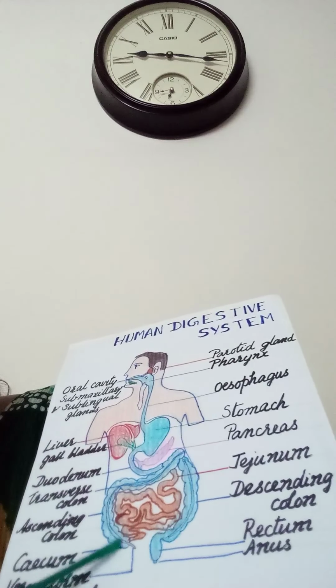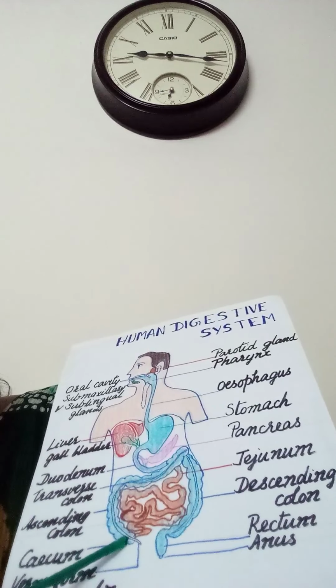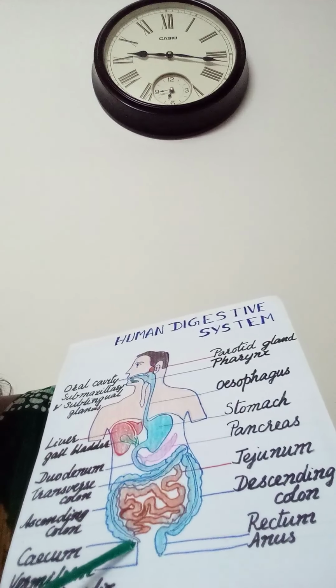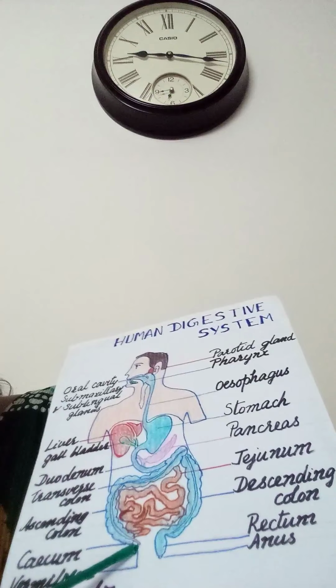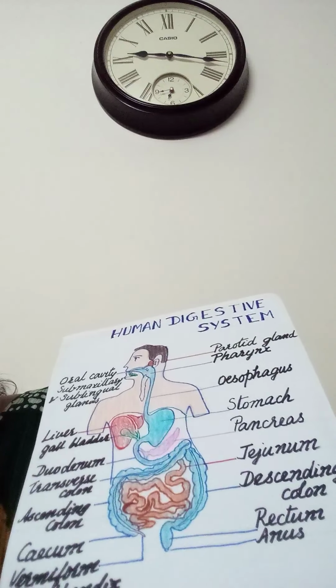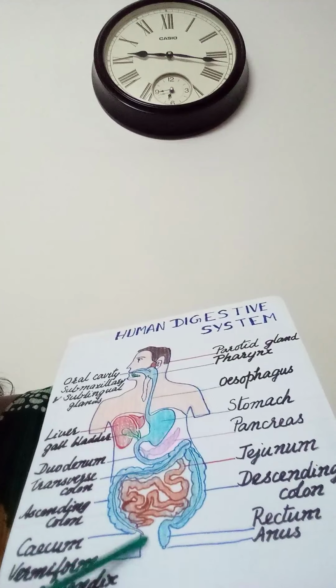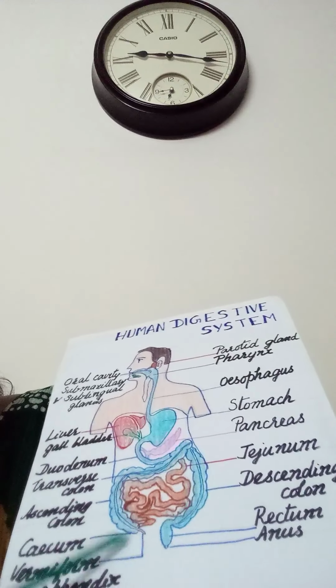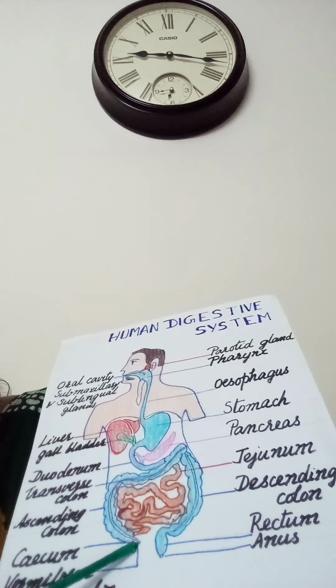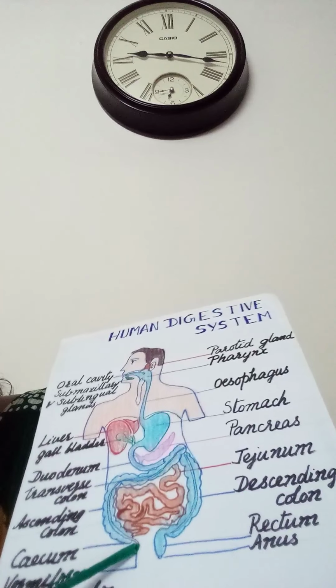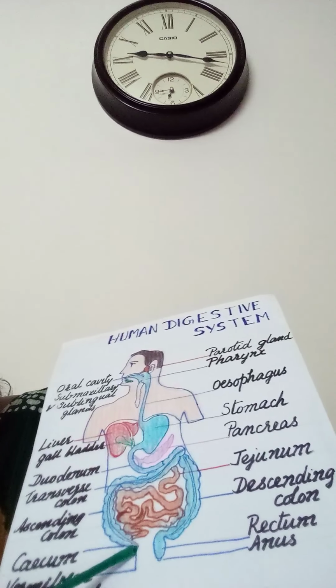The first part of the large intestine is the cecum. Here we can see a finger-shaped structure that is known as the vermiform appendix. It is called vermiform appendix because it has the shape of a worm. It is a vestigial organ.